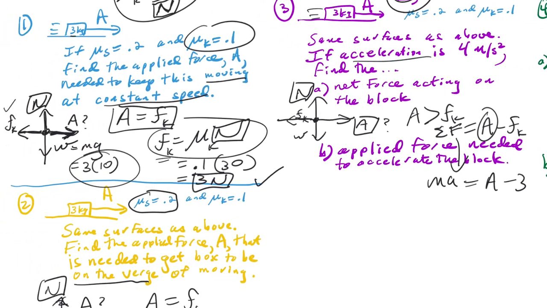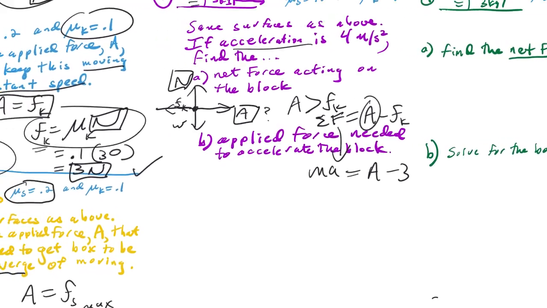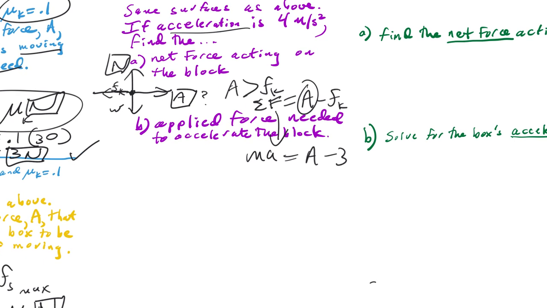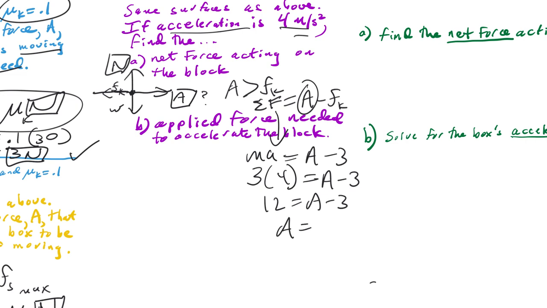So the mass is 3, right? Acceleration is 4. And so I have 12 equals A minus 3, so A equals 15 newtons. So I'd have to apply a force of 15 newtons in order to get an acceleration of 4 meters per second squared if there's this friction opposing it.